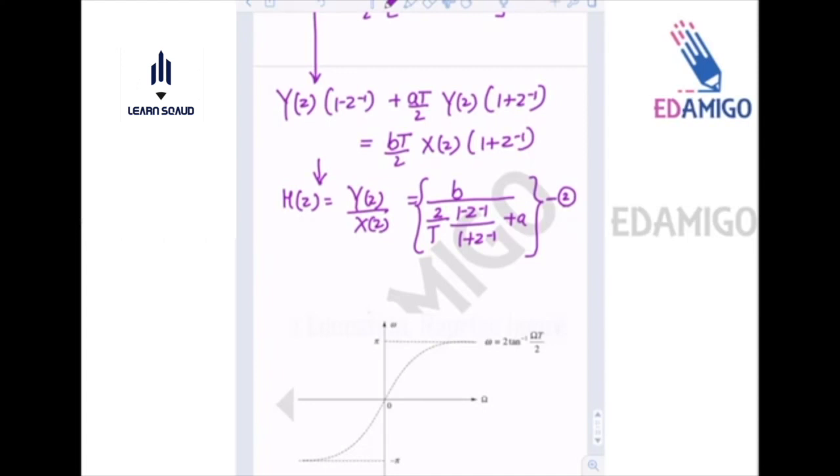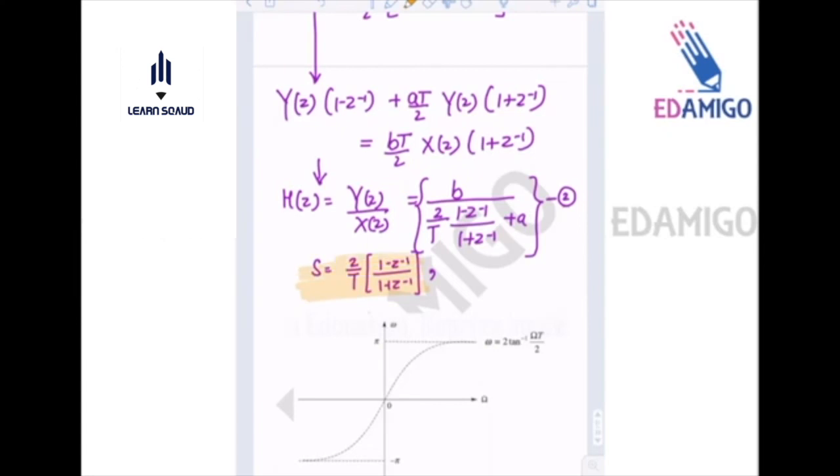Comparing the digital filter and the analog filter in equation number 2 and equation number 1, we can say that S is equal to 2 upon T times (1 minus z inverse) upon (1 plus z inverse). Okay, so this is the important result for bilinear transformation, the relationship between S and Z.